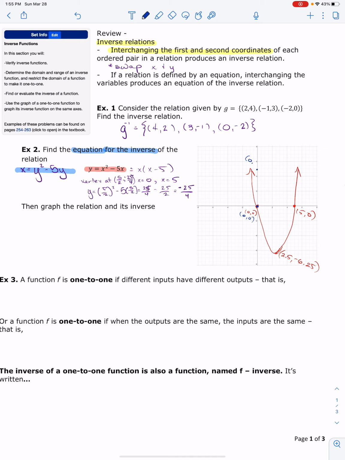I get this point, 0, 5. And then I get this point, negative 6.25, 2.5. And then I draw the curve that goes through those 3 points.